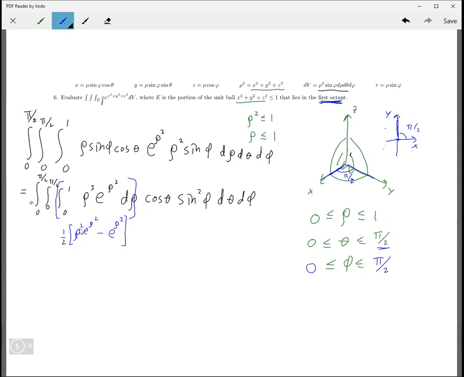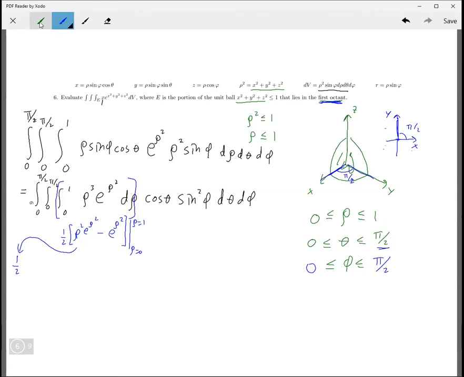If you take the derivative of this, you're just going to get that. So if you put a 1 in, you get e minus e, so that's 0. Then you subtract and put a 0, and that's going to be 0, and that's going to be 1. So really, this all is just 1/2.